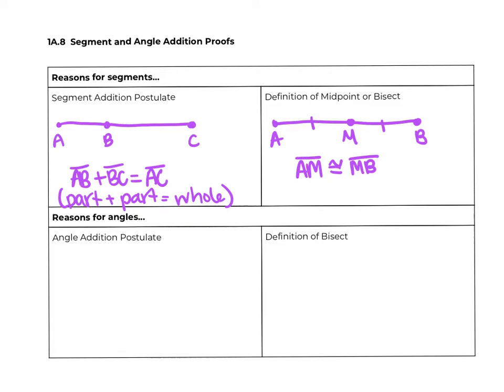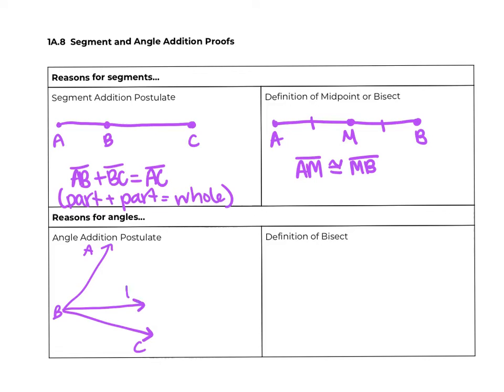Okay, if we're talking about angles, so angles are really similar. Angle addition postulate. So we don't know anything about if the angles are congruent on this one. So they're going to say something like, on angle ABC, D is on the interior. So interior means in between those, inside, right?